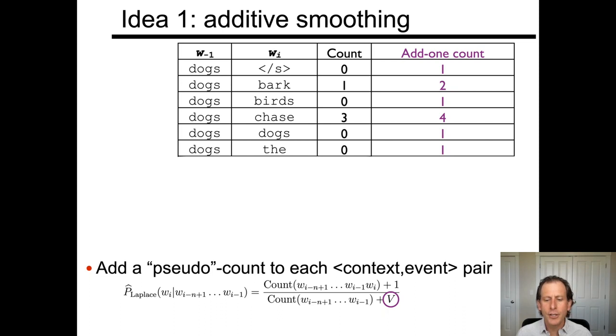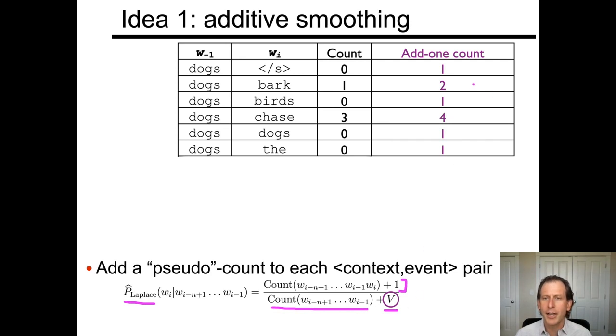Now this leads to an equation. I'm going to use these add 1 counts for a sort of pseudo relative frequency estimation. So I'll do what would be relative frequency estimation on the add 1 representation. That means that the resulting equation is that I estimate, and this is known as Laplace smoothing, after the great mathematician Laplace, the conditional probability of a word given its context as the joint count of the word and its context plus 1 divided by the count of the context plus the vocabulary size.